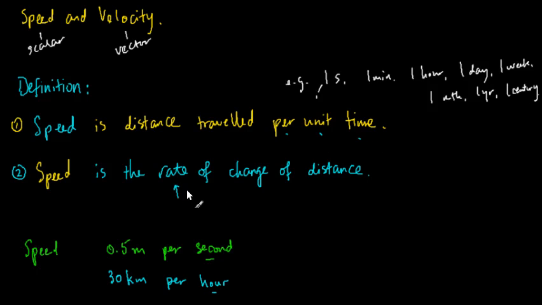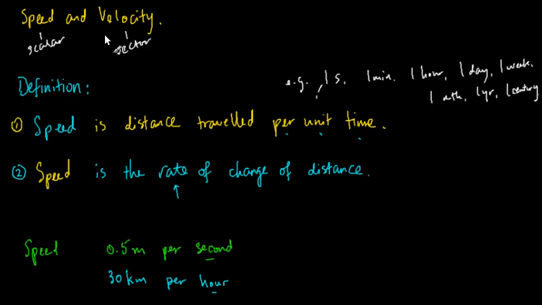But there is something subtle about this word rate, because describing it as a rate allows us to think about how fast something is moving at a certain instant in time, even when there is no time interval, like a certain amount of time over which the distance has moved. I'll talk more about that later on when I talk about instantaneous speed.